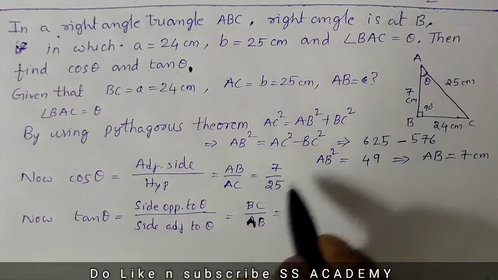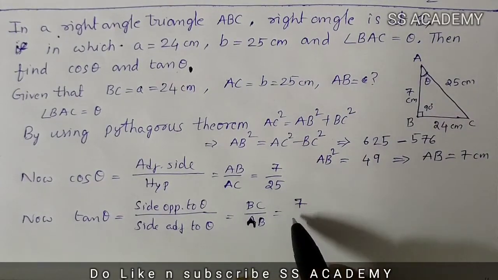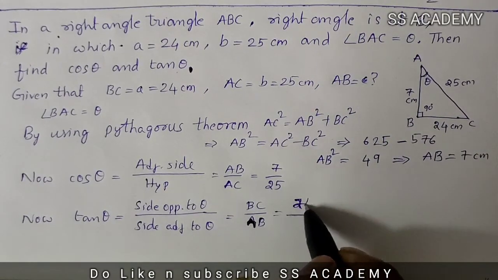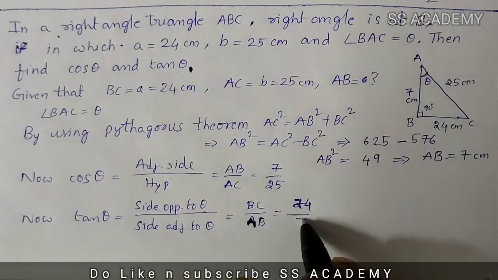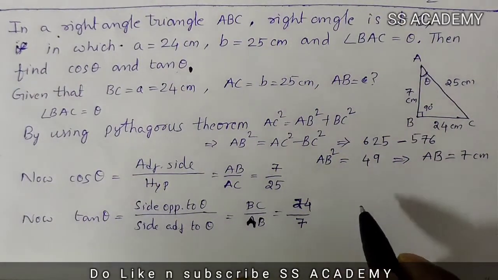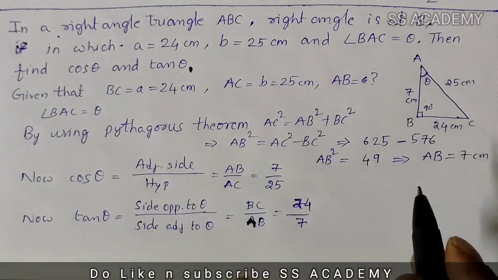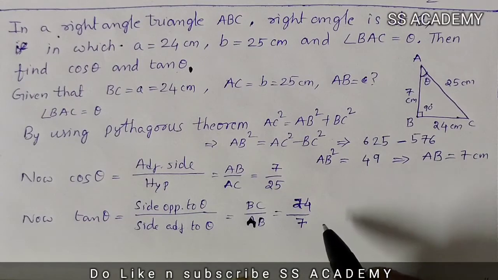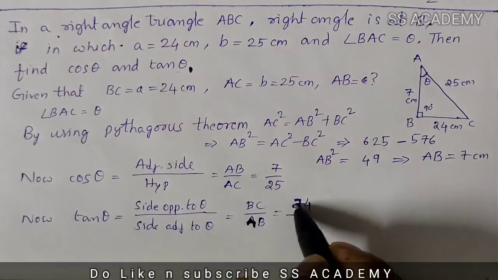BC equals 24 and AB equals 7. So 24 by 7 is the answer. Cos theta equals 7 by 25 and tan theta equals 24 by 7. That's it.